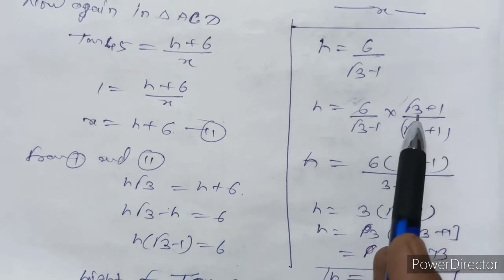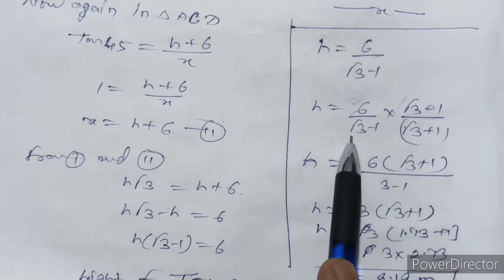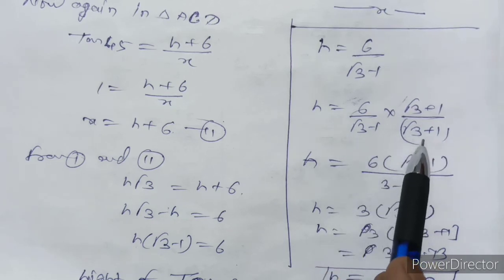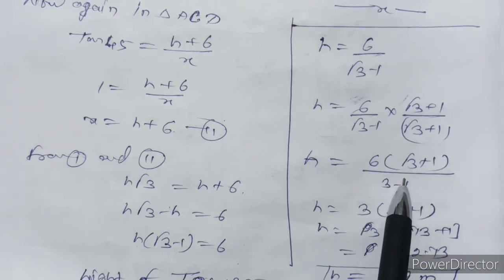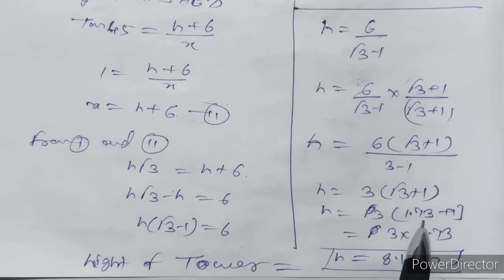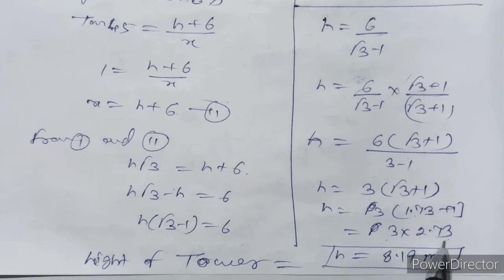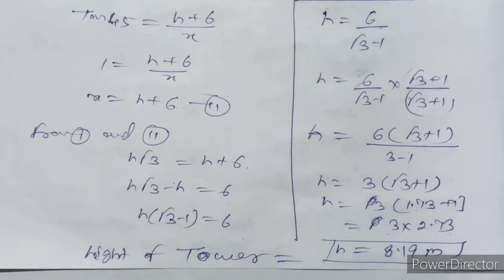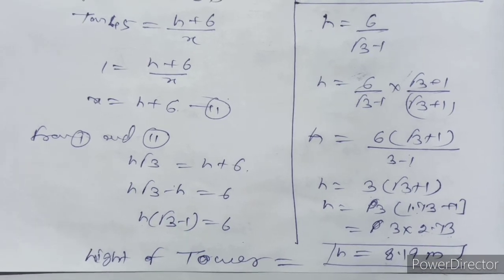Rationalization: multiply by root 3 plus 1 on top and bottom. Using the formula (a plus b)(a minus b) equals a square minus b square, root 3 square is 3, minus 1 is 2. 6 divided by 2 gives 3, and putting the value of root 3 as 1.73 plus 1, we get 2.73, multiply by 3 and the answer is 8.19 meter. In this way we get the height of the tower equal to 8.19 meter.